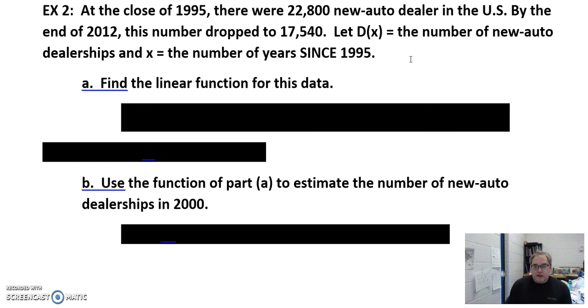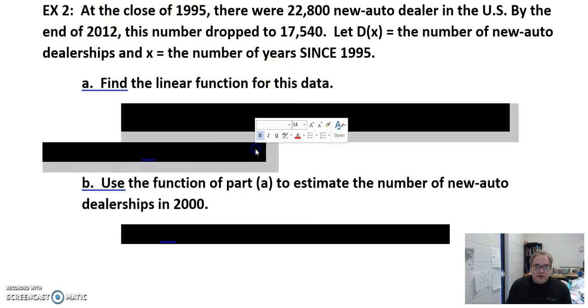My slope should turn out to be negative. Let d of x equal the number of new auto dealerships and x equal the number of years since 1995. That's important. We're not going to use the number 1995, and we're not going to use 2012. We're going to rescale this. This is going to become 0. So 2012 in this new system is going to become 17, because it's 17 years from 0 to here.